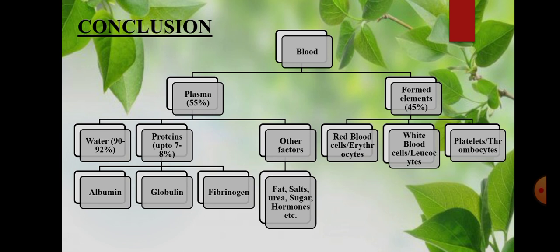And the two agranulocytes, monocytes and lymphocytes. Clear? So with this, we come to the end of today's topic. I hope it's clear to you. A very easy topic. You can learn it in an easy way. Okay, now let us do some questions.